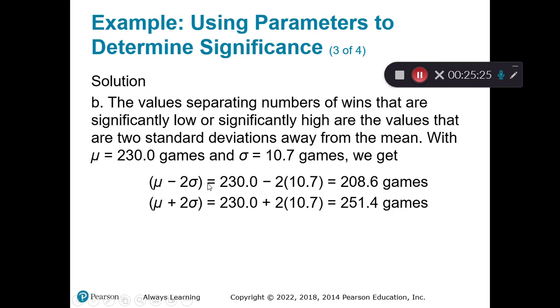So here we find 230 minus 2 times the standard deviation would give us 208.6 games, and 230 plus 2 standard deviations would give us 251.4 games. Our interpretation, therefore, is that anything less than 208 games would be considered significantly low, and anything greater than 251 games would be considered significantly high.